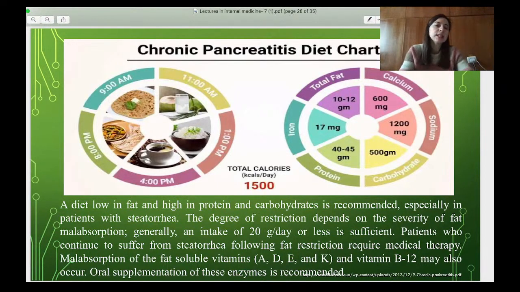And you may see that patients with chronic pancreatitis must have several meals, better 5 times a day, with an exact schedule, and total calories must be 1,500 calories.